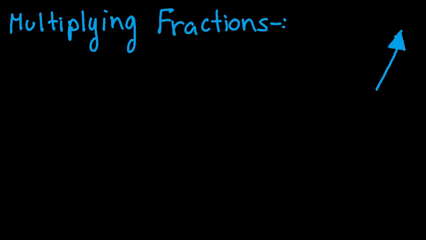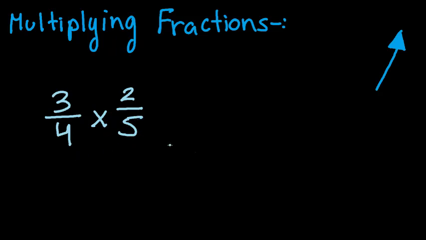So when you're multiplying fractions, say you have a question like 3/4 times 2/5. You wouldn't do common denominators. You would honestly just multiply as it is.